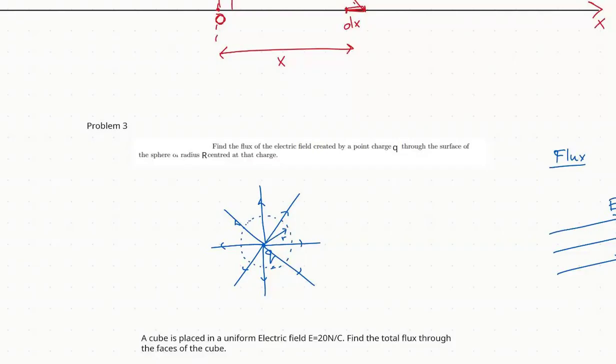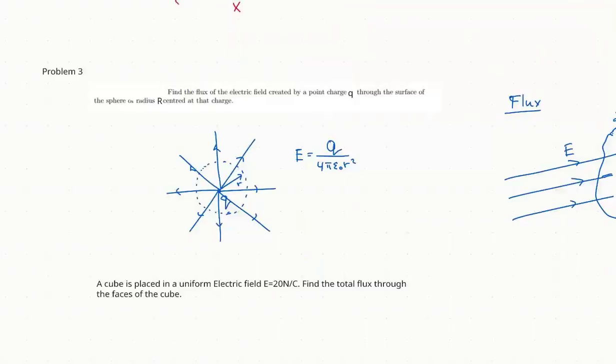We know that the strength of the field is equal to Q divided by 4 pi epsilon naught r squared. And we know that the area of the sphere A is 4 pi r squared.